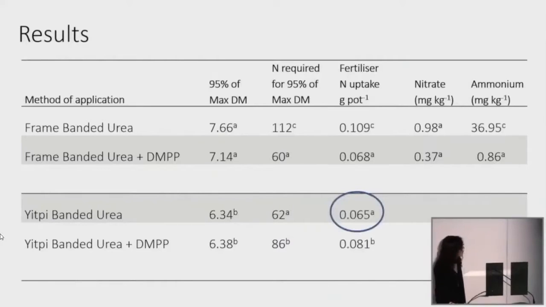And this again was explained by the lower fertilizer uptake required to produce 95% of maximum shoot dry weight. As for Frame, there was no significant difference between residual nitrate post-harvest. However, once again, the residual ammonium was significantly higher for the higher nitrogen rate.